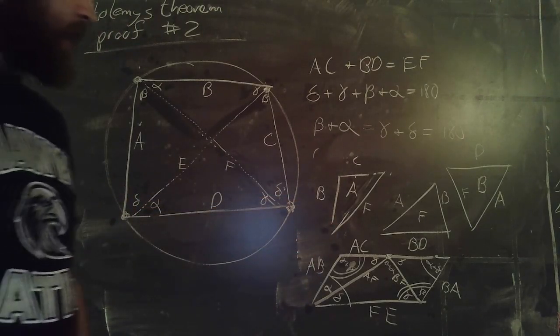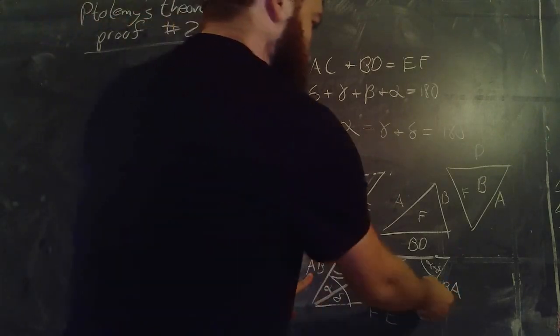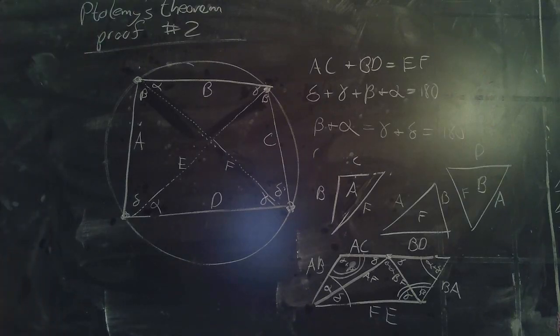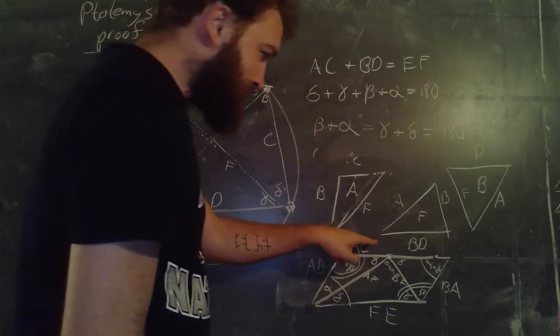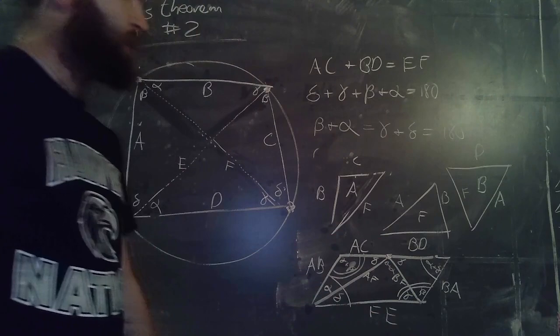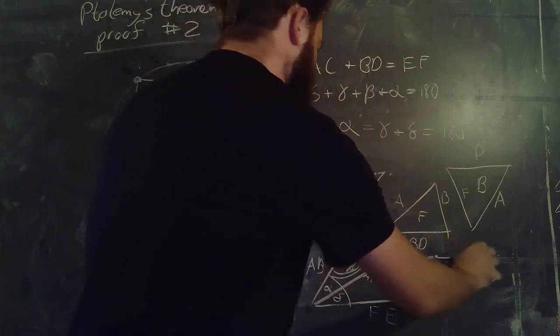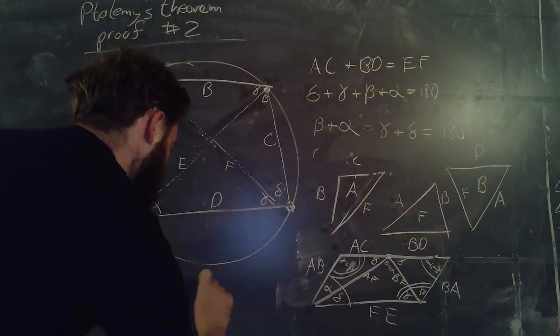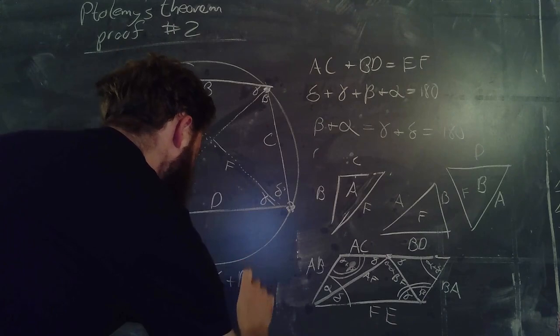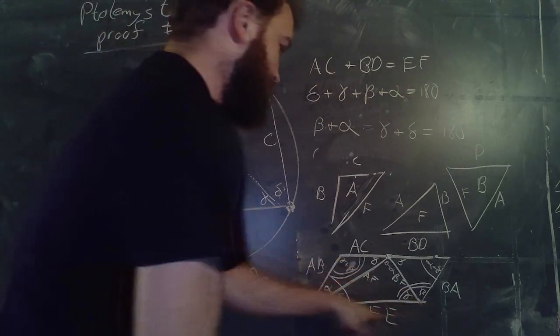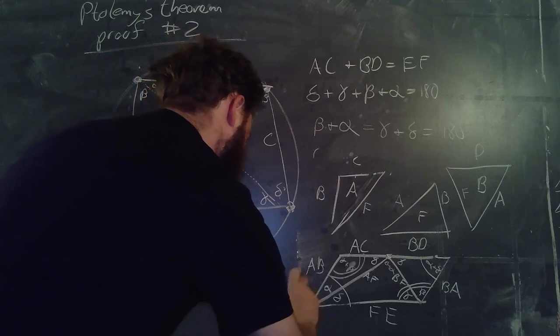Then notice on a parallelogram, these two sets of sides must be equal, which means these two sets of sides must be equal. So to get the total length of this top side, we have the statement AC plus BD equal to this bottom side EF.